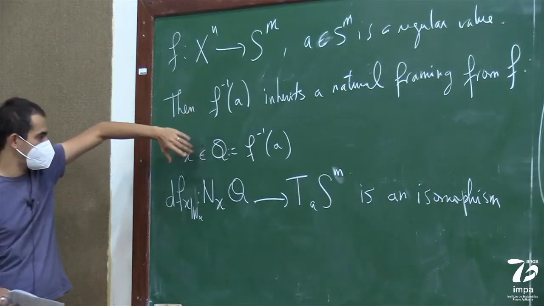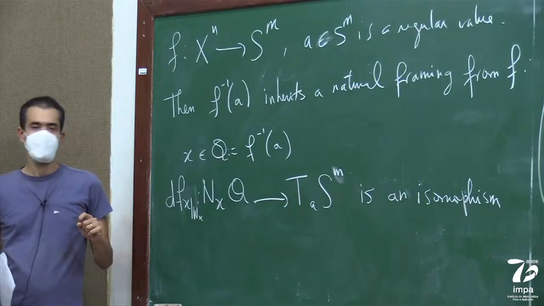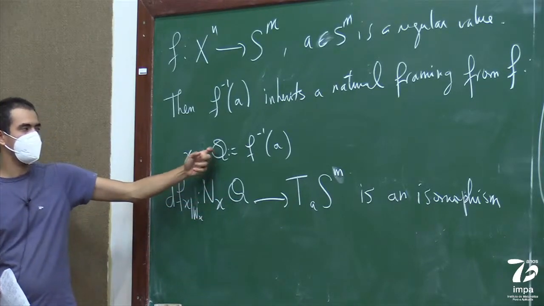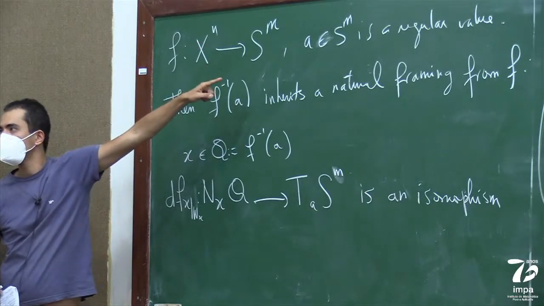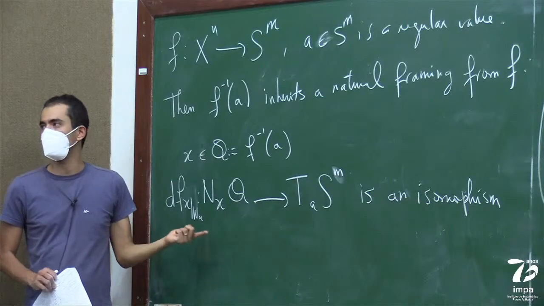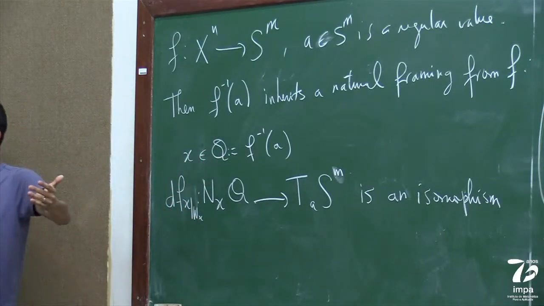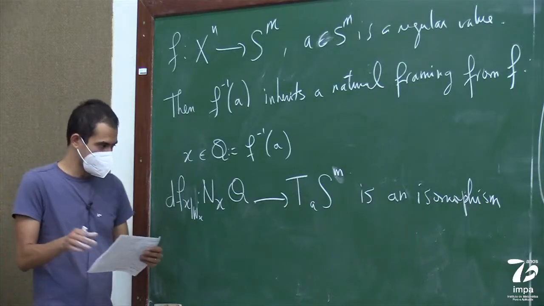On the other hand, the normal bundle will have dimension complementary to the dimension of Q. The dimension of Q is n minus m, so the dimension of the normal bundle is going to have to be m. A surjective map between two spaces of the same dimension has to be an isomorphism. So that's one way to justify this. Anyway, this is an isomorphism.